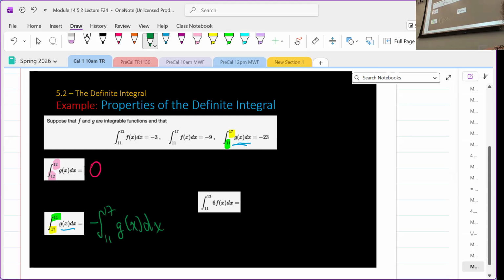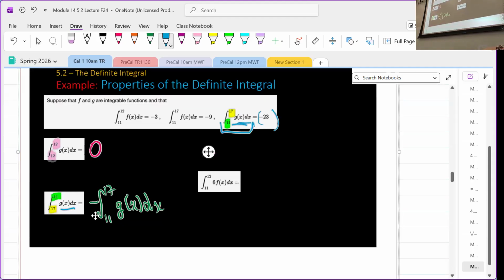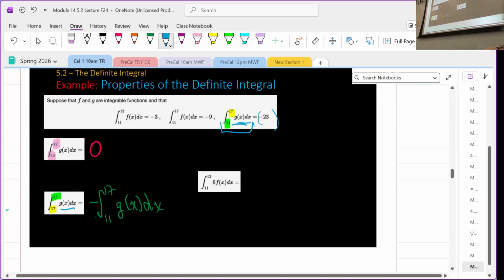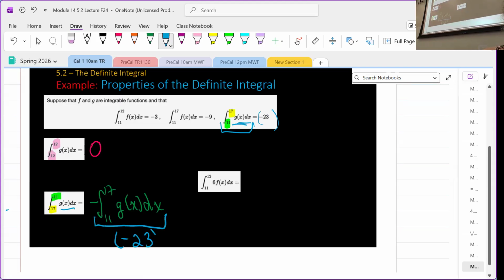So it's the negative of the integral from 11 to 17 of g of x dx. And now I know what that integral equals. This whole thing is the same as negative 23, but I had a negative in front. So the end result here is positive 23.